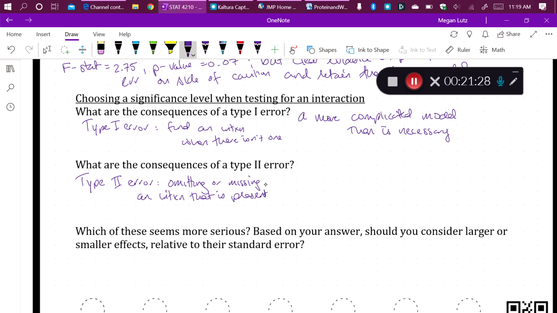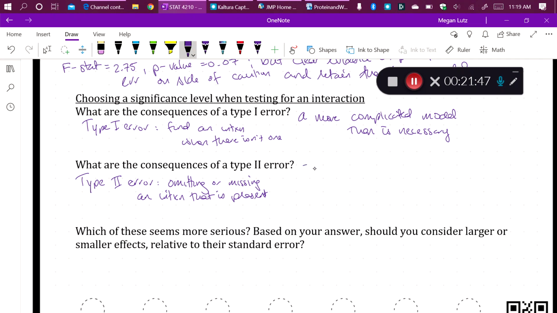So what is that impact? What are the ramifications? If the ramification of a type 1 error is a slightly more complicated model than is necessary, then removing or omitting an interaction and taking that out of the model is a loss of information.